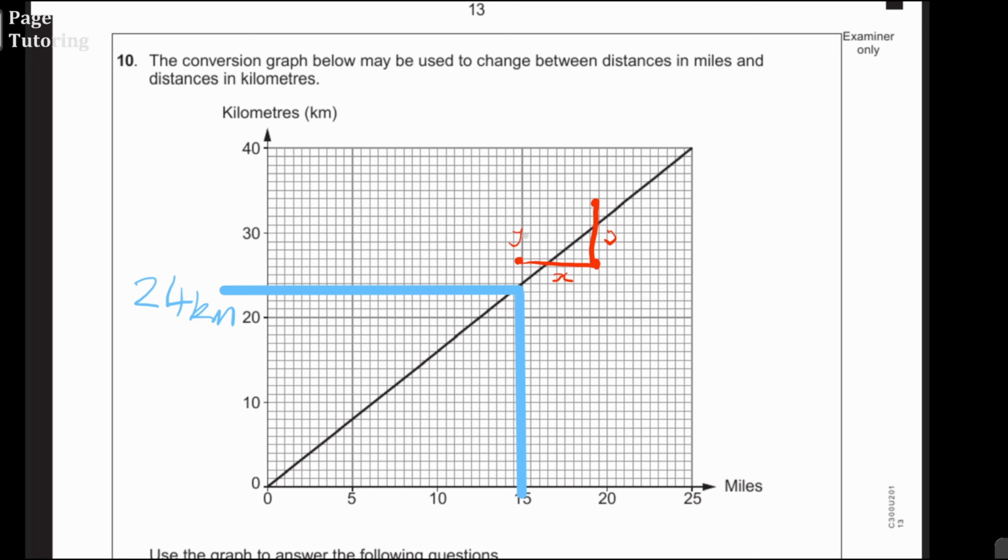We'll call these y1, y2, x1, x2, and you might be going, oh, there's so many different things to remember. And then you would just do y2 minus y1 over x2 minus x1, and that would be your gradient.